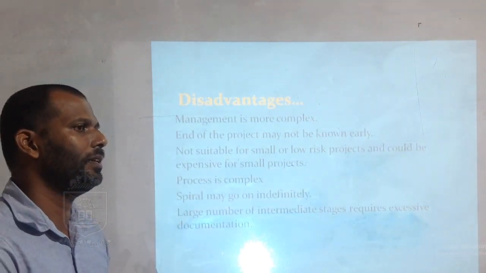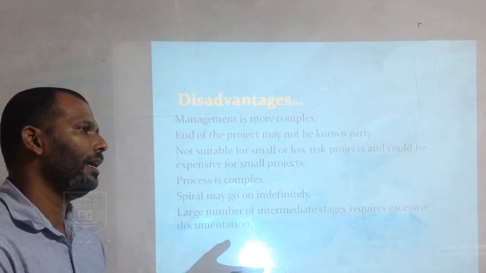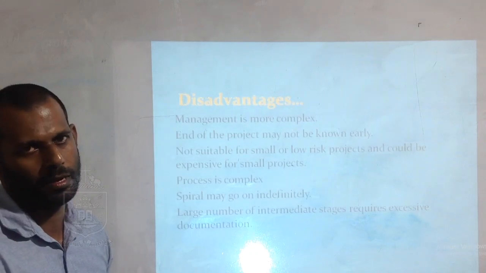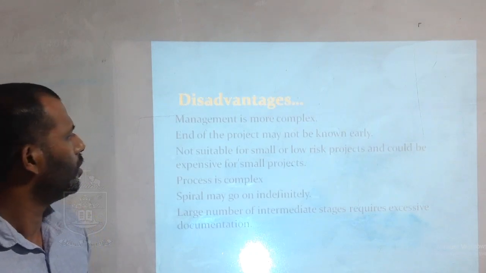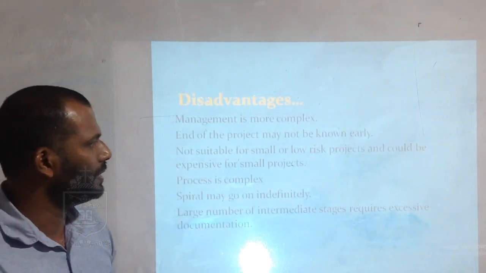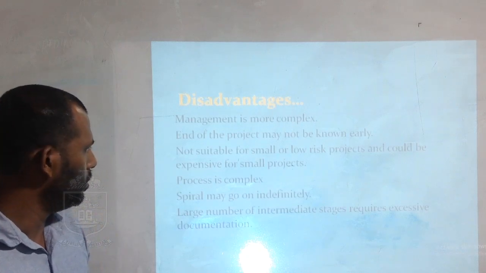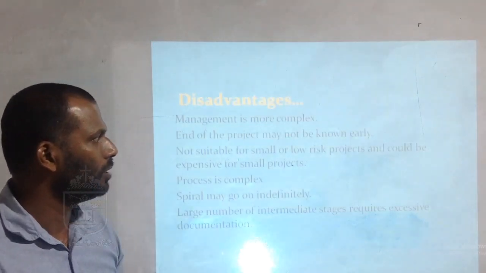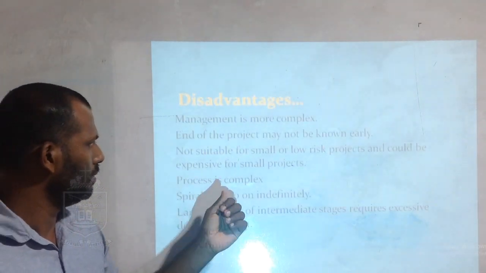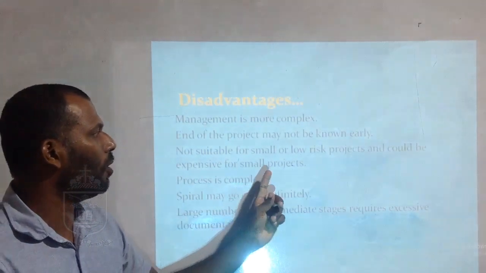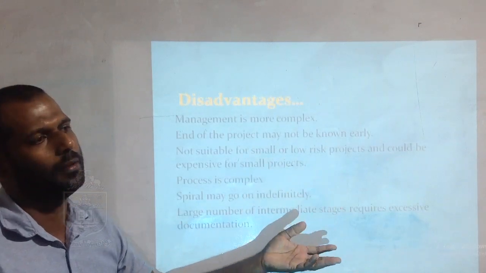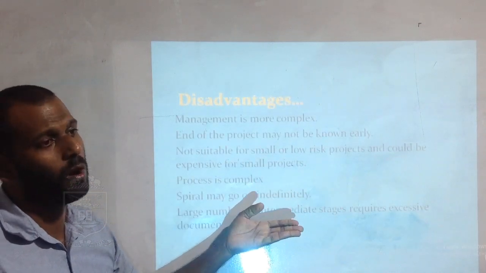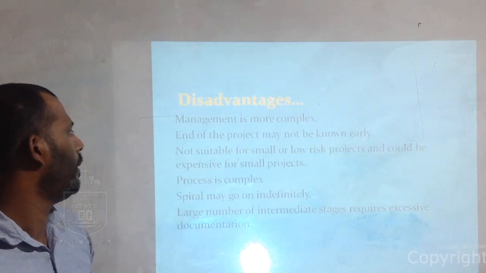These types of models were used in research projects. It is not suitable for small or low risk projects, and could be expensive for smaller projects. This type of model is used for very high risk projects.